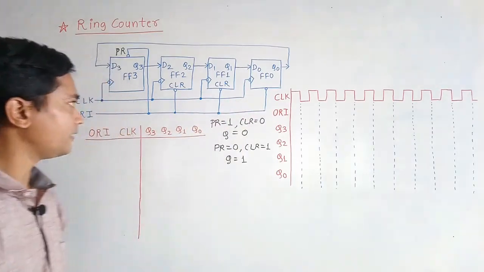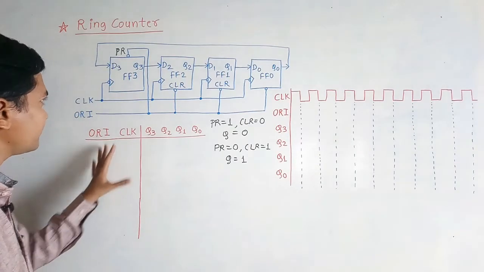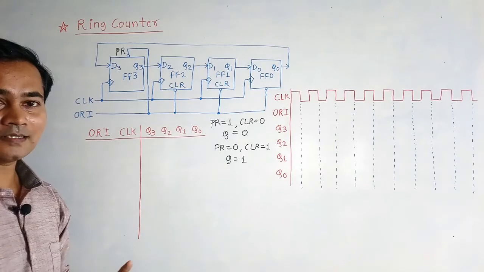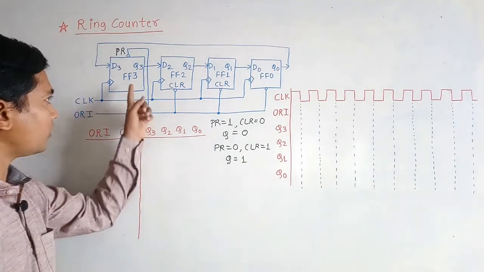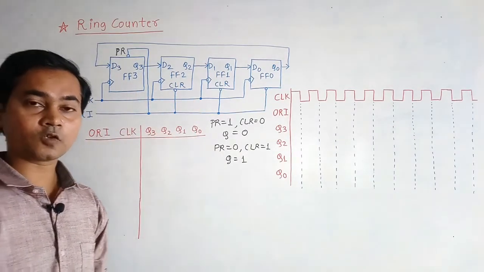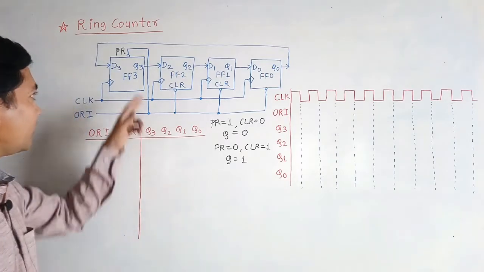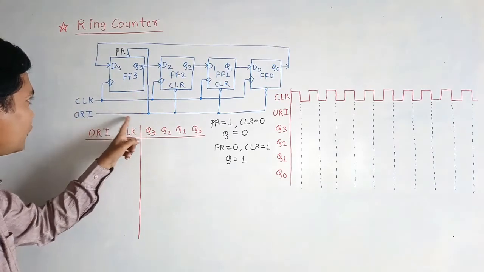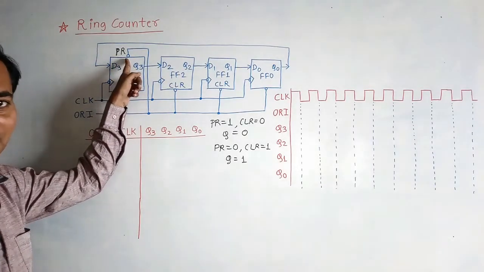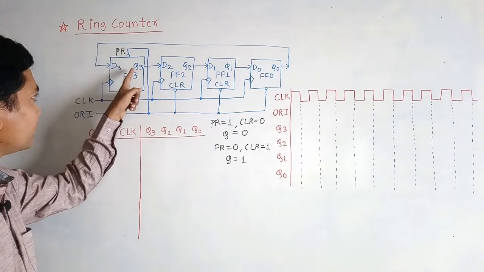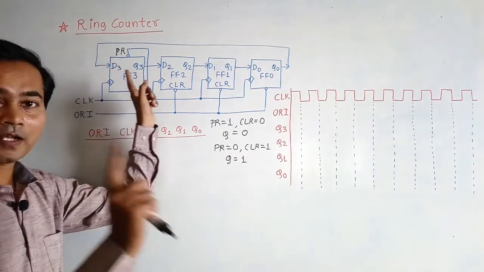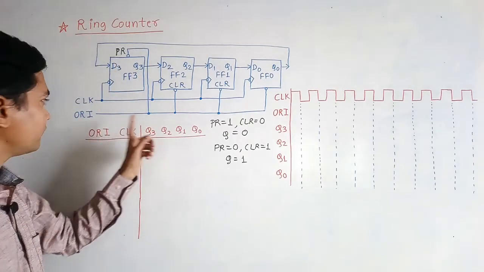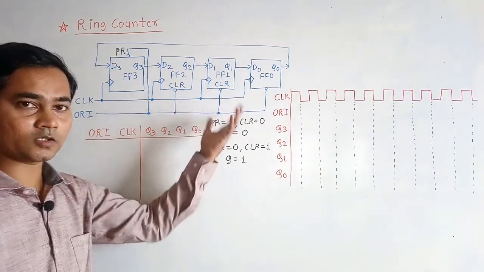Now let us see how this logic diagram works. Initially we don't know the output state of all the flip-flops. So here we forcefully make Q3 equal to 1, and that's why we have connected ORI to the preset input of FF3. That means we want Q3 to be set to 1, and ORI is connected to the clear inputs of the other flip-flops.